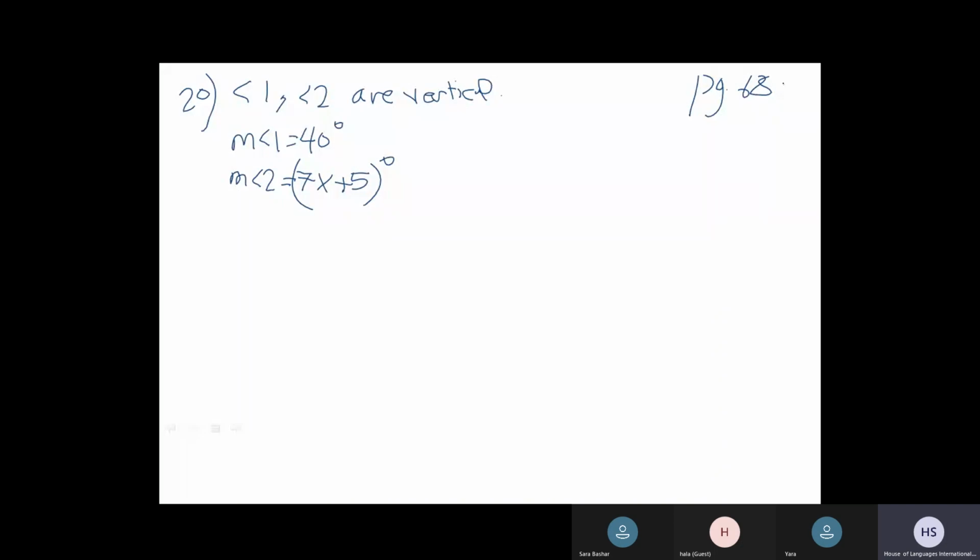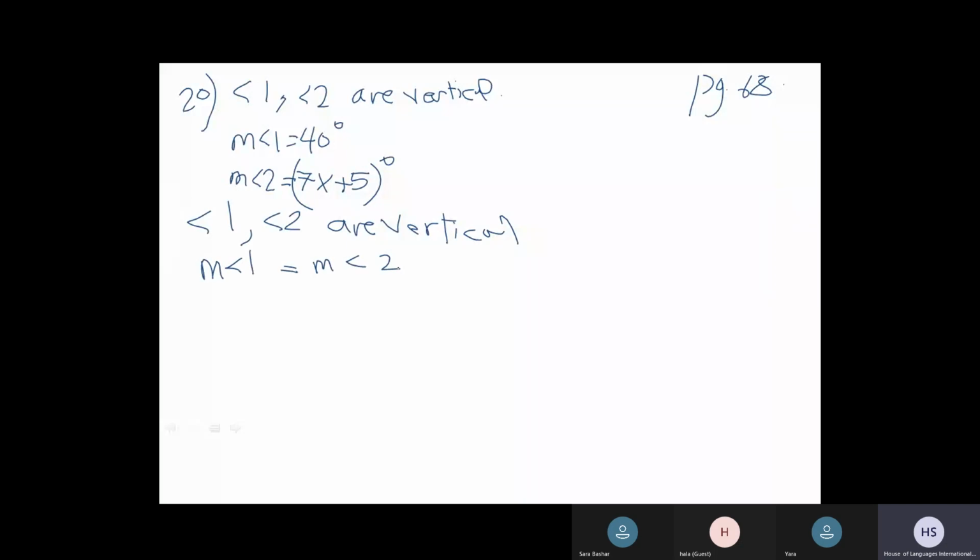What are vertical angles, equal to 180 or equal to each other? They are equal. So since they are vertical, the measure of angle 1 equals the measure of angle 2.